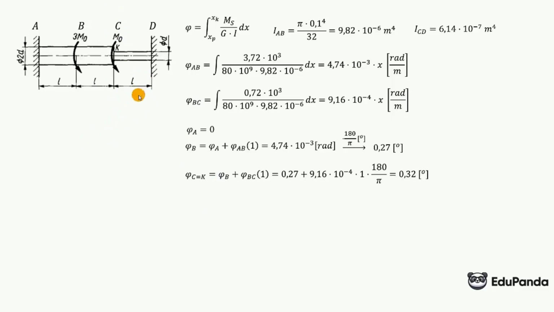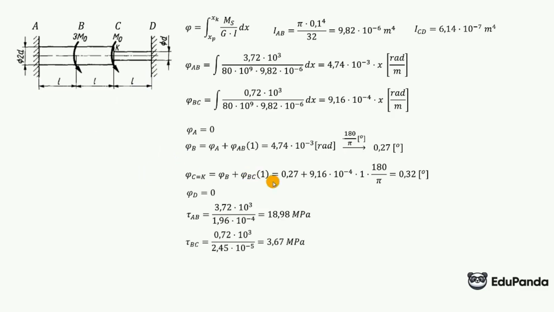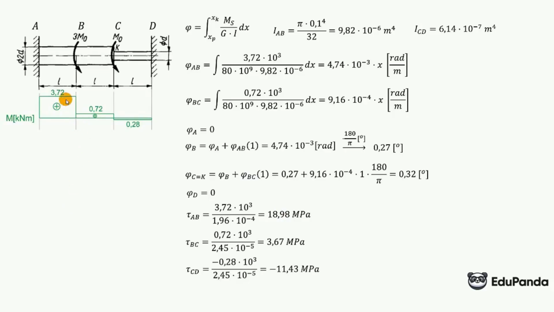Well, shear stresses were calculated on the previous slide, and we draw graphs, meaning we had functions MAB, MBC, MCD. I just insert the values. Here is the step graph. It would be linear if there was a continuous twisting moment load. Now about shear stresses, also a step graph. I just insert the values. There's nothing complicated here. And the graph of the twist angle is always one degree higher in equation than the twisting moment graph.